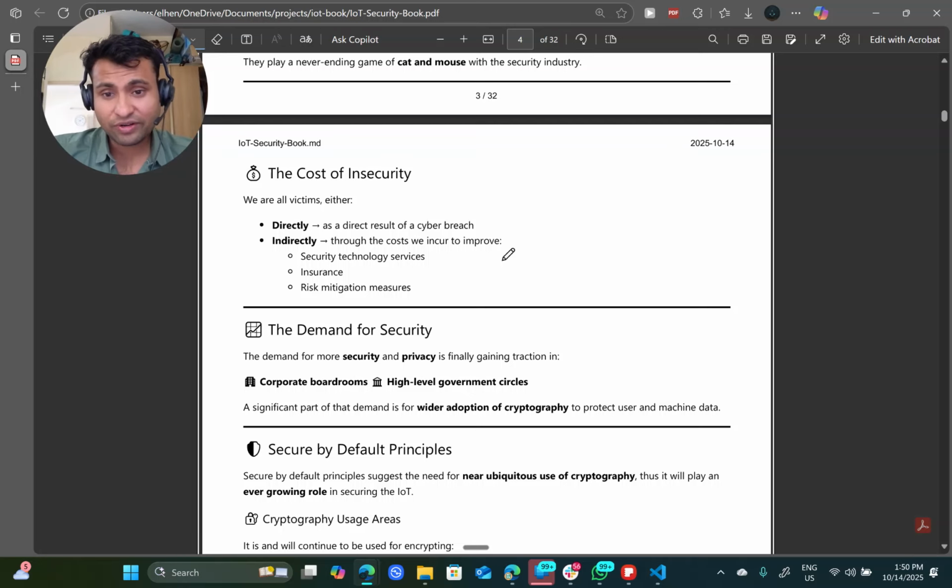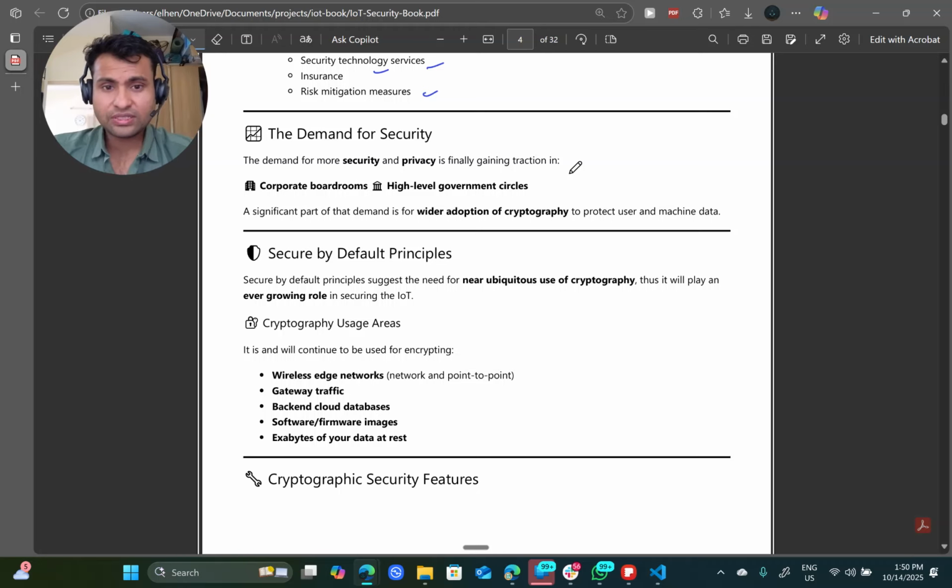So we are all victims in one sense, either directly as a result of a security breach, passwords getting stolen, or some data information, Visa card details, etc., getting leaked, or indirectly through the costs we incur to improve insurance and risk mitigation measures, etc. So yes, security and privacy are both gaining traction in corporate boardrooms, where they want to follow those compliances, and in high level government circles.